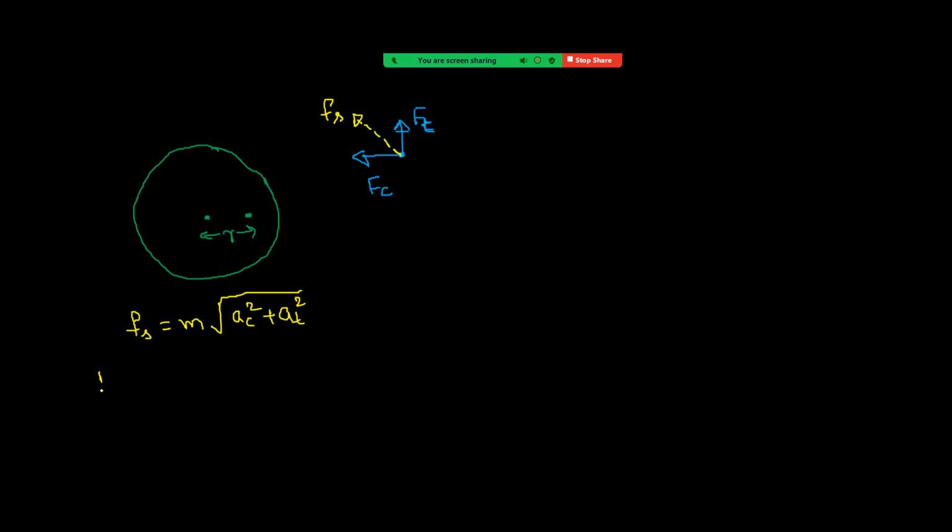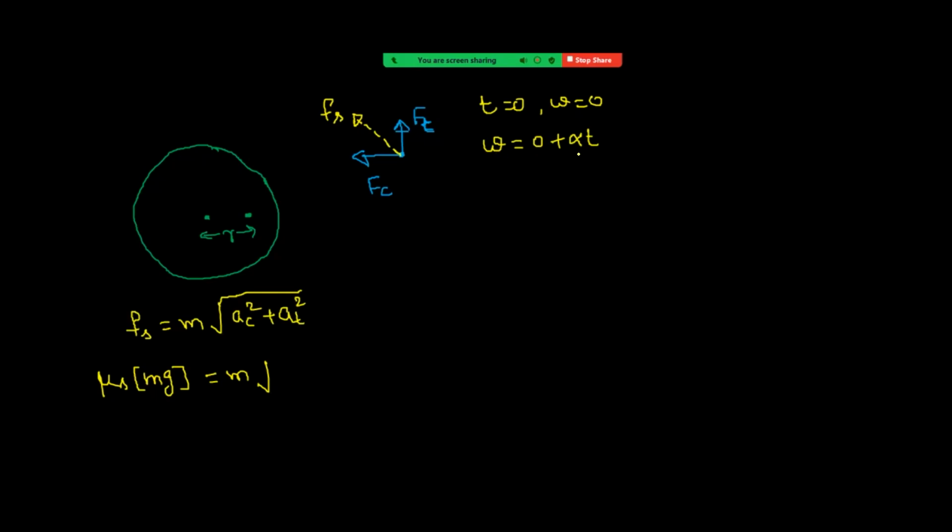So I am taking here mu s into normal reaction. Normal reaction is mg. So mu s into mg is equal to m into square root of, in the place of AC, see what we can write here. Condition given: at t equal to 0, omega is 0. Let us take a time t, omega 2 equal to omega 1 plus alpha t.